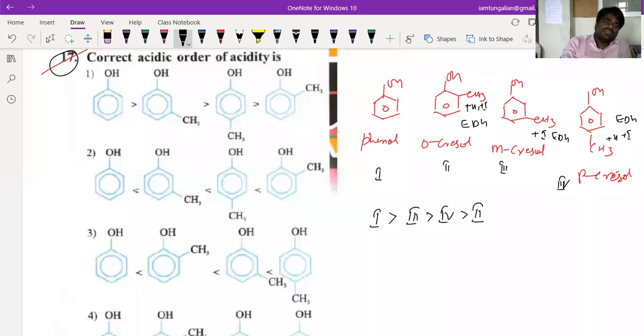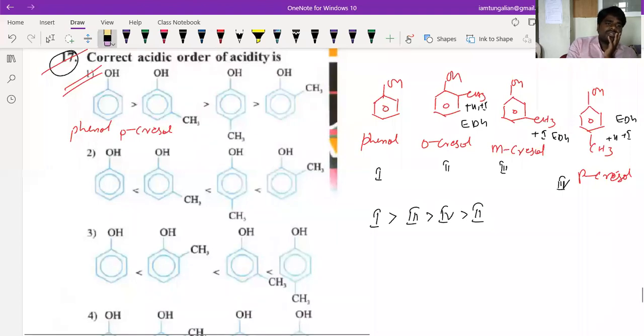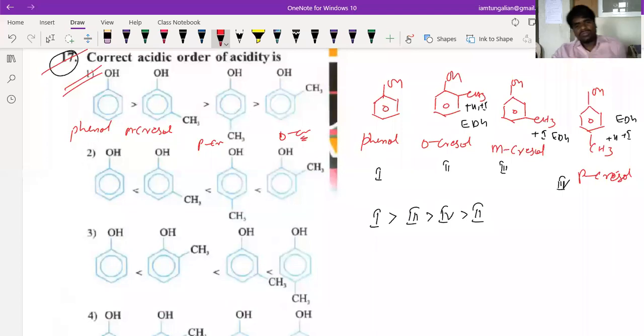So this is the answer. Phenol, this is your metacresol, this is your paracresol, this is your orthocresol. So this is the decreasing order.